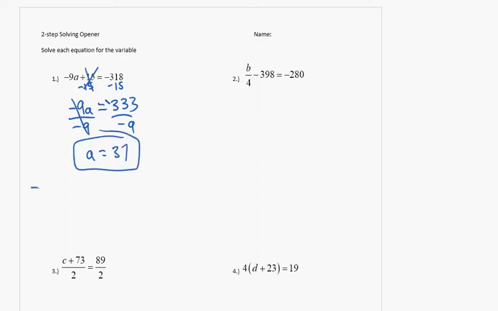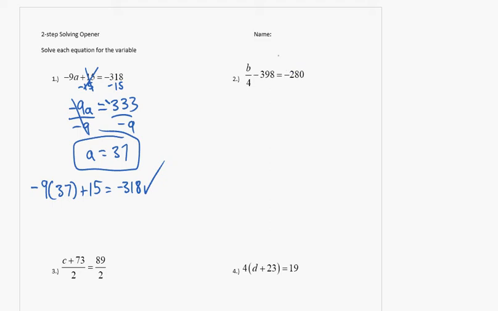As long as you have a minute to do it, why don't you check and make sure that negative 9 times 37 plus 15 really does give you negative 318. It does.